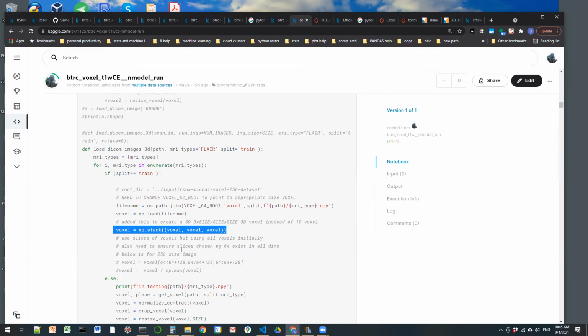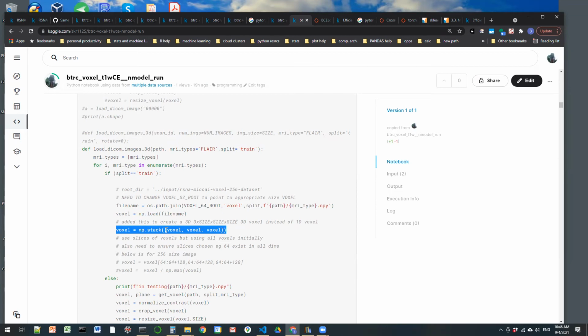Right. The first reason I did this is what I told you, that the ResNet models are built to handle a 3-channel input. So this is now a 3-channel 3D image instead of a single-channel 3D image.